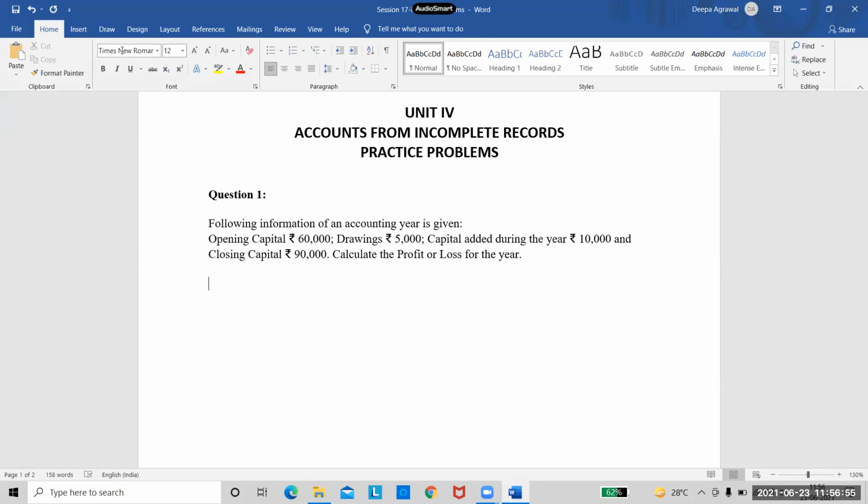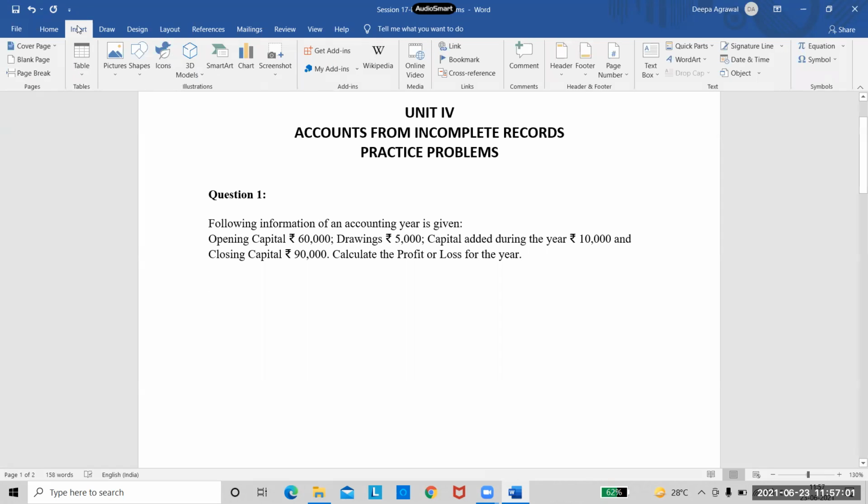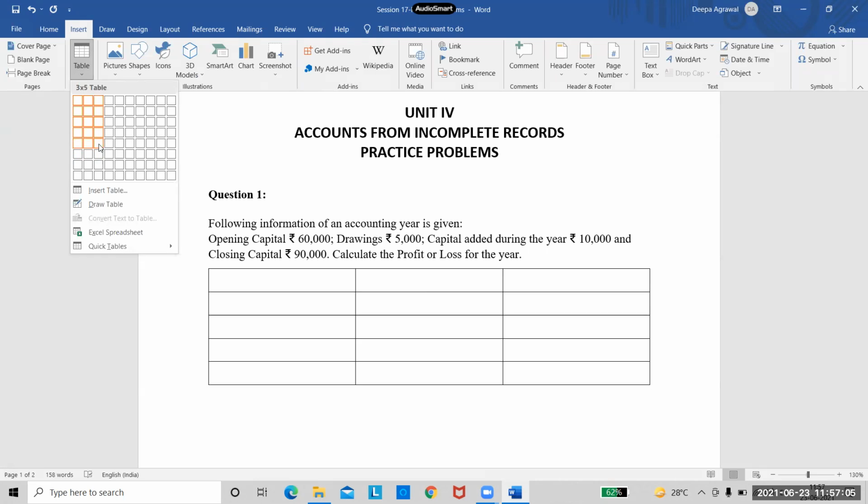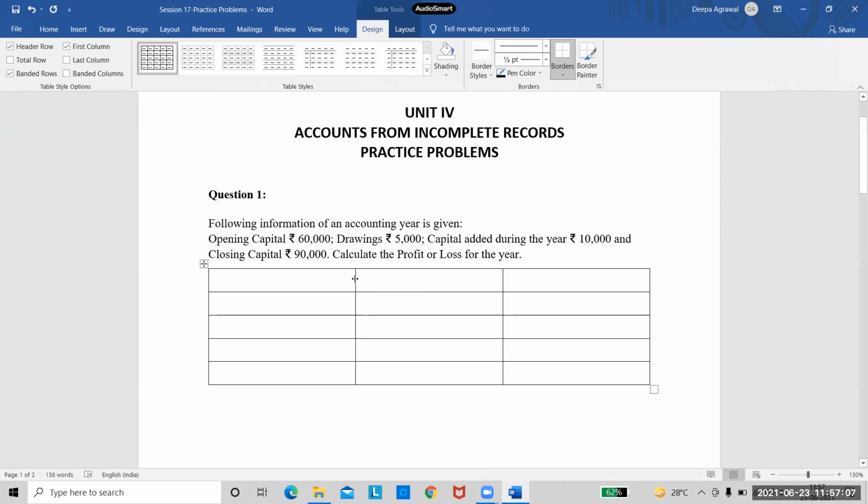So quickly draw the pro forma. You know the pro forma, only 2 columns. Let us make a habit of making 3 columns: 1 bigger column for the particulars and 2 amount columns, which will be easy for us every time, for all the inner calculations as well.